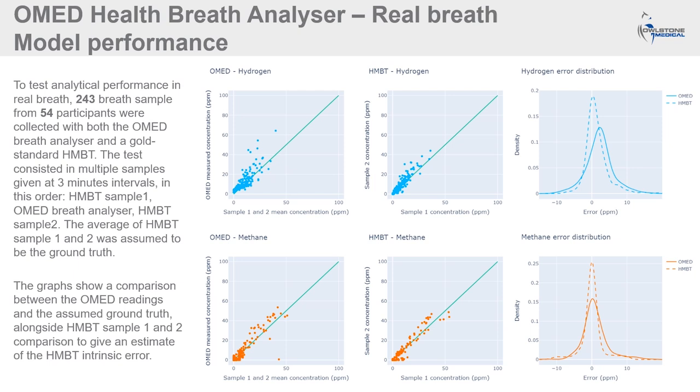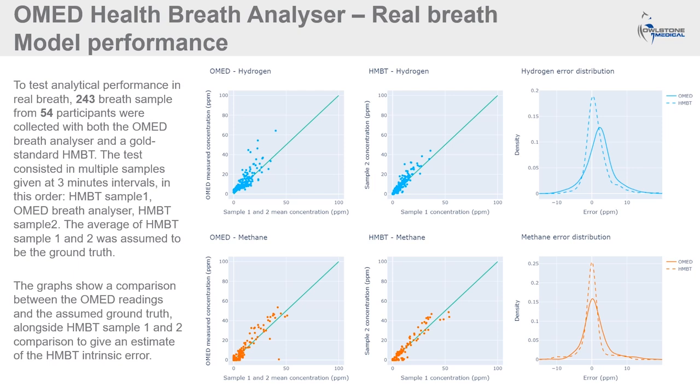The scatter plots are similar to the ones on the previous slide, with the green line highlighting perfect ideal accuracy. On the left of the panel, we have performance of OMED against the average of the two HMBT readings. Additionally, the overall error distribution is shown in the graphs on the right and was obtained by applying Gaussian kernel density estimation on the model residuals.